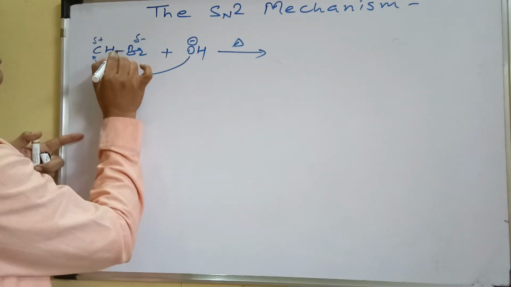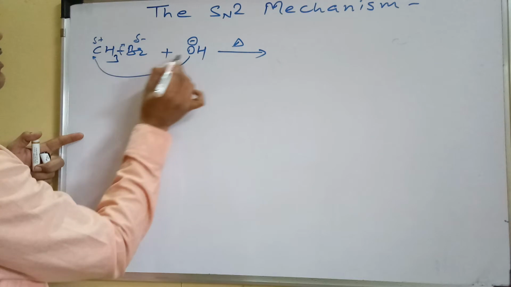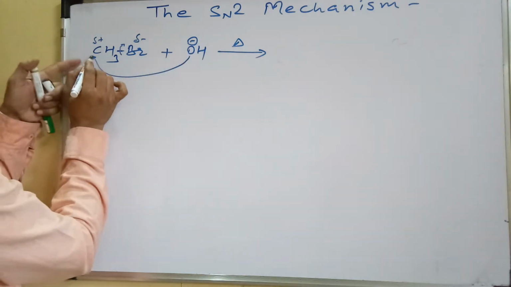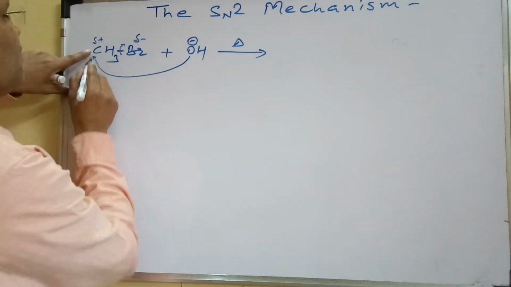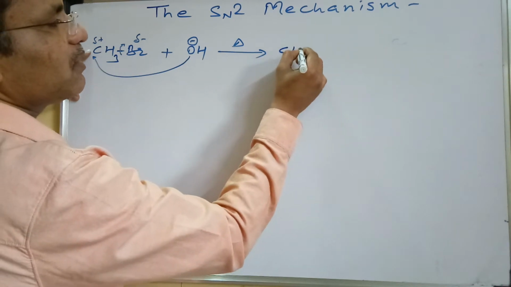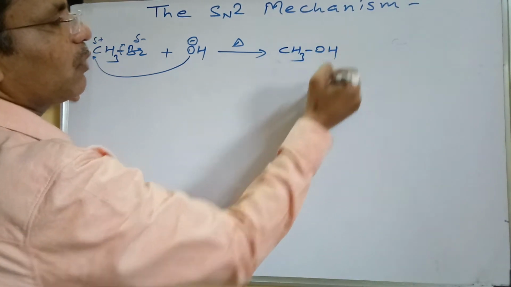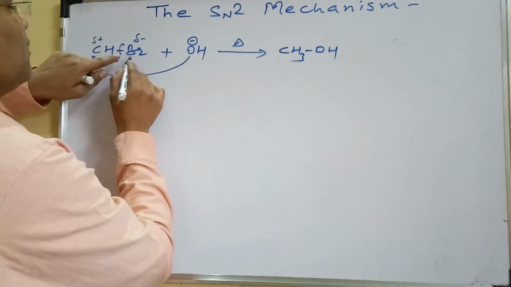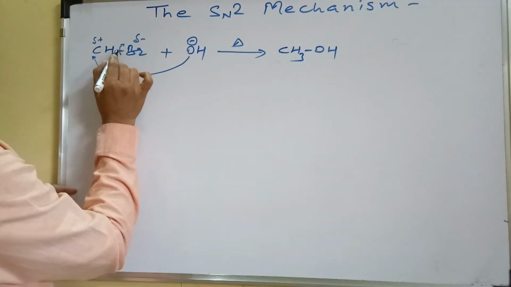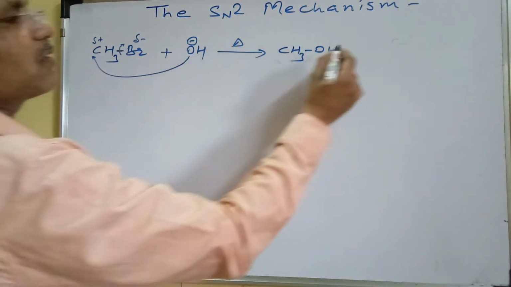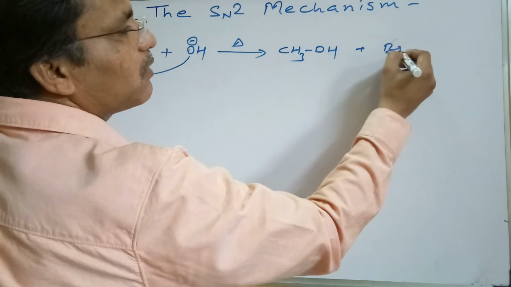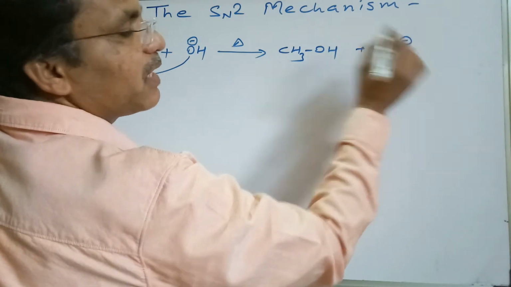This bromine is removed when OH attacks this carbon, and we get the C-OH bond, CH3OH, and the Br leaves by taking both the paired electrons towards itself, and that's why the bromine carries a negative charge.